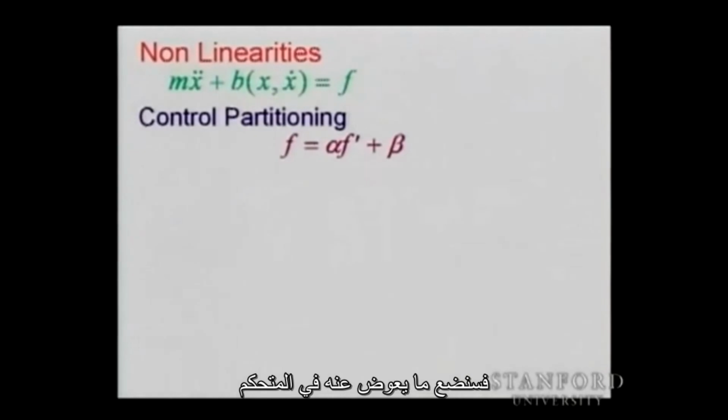Well, if we have a nonlinear term, what we will do is we put that compensation in the controller. So now the controller has the linear part, which was alpha F prime. Alpha F prime actually is mass times F prime.